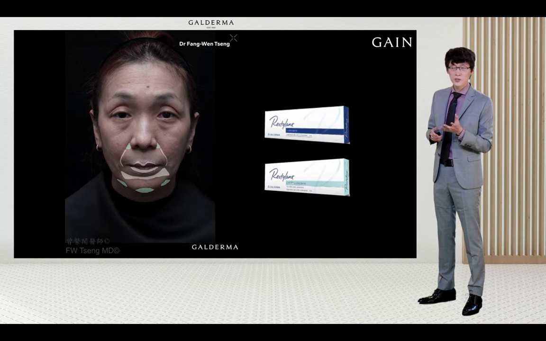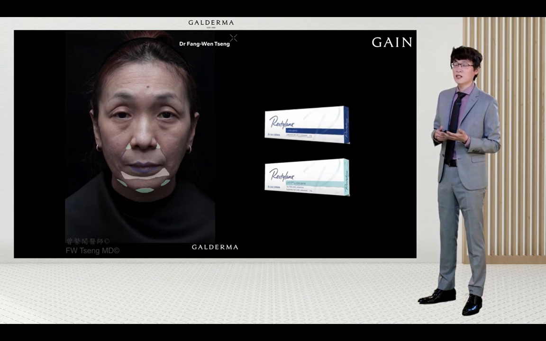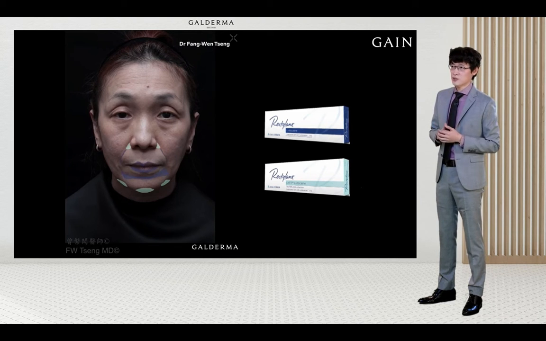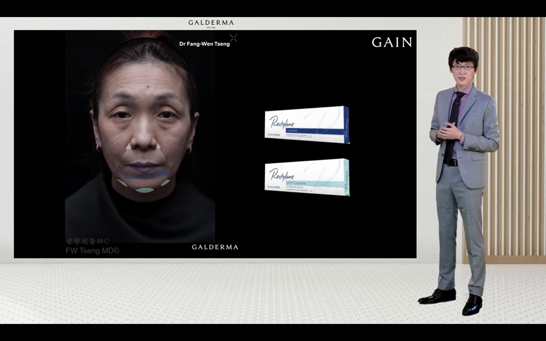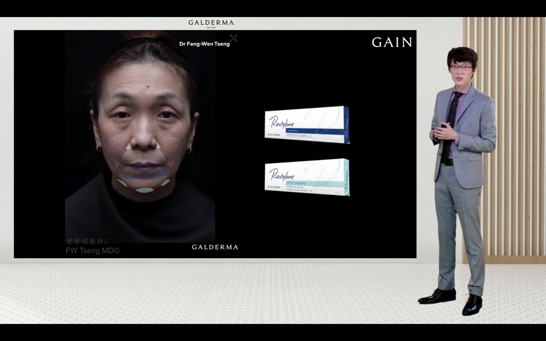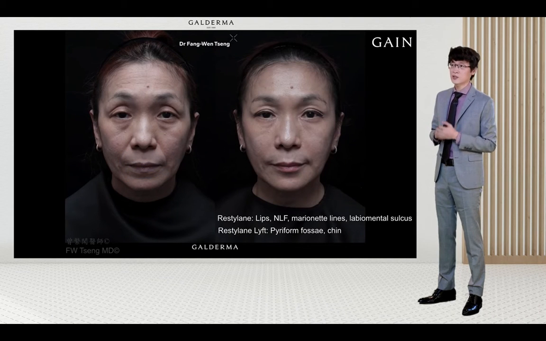But for the soft tissue, in the nasolabial fold, the lips, and the labiomental sulcus, I needed something with smaller particle sizes, so I used Restylane Classic. After injection, we had a good improvement. She looked younger and much healthier, with increased support around her mouth and more volume in her lips.